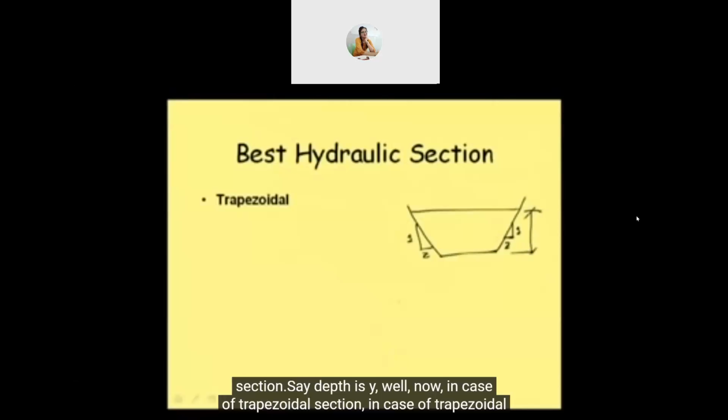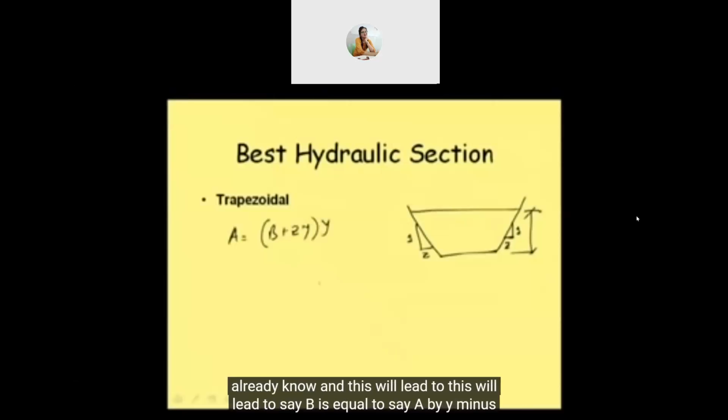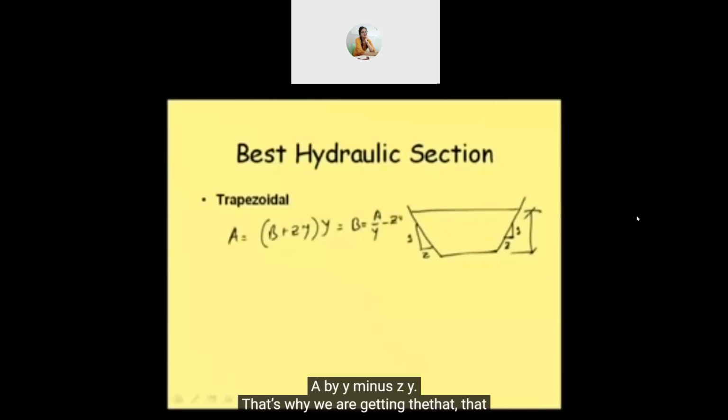Now in the case of a trapezoidal section, we can write that area is equal to B plus ZY into Y. That expression we already know, and this leads to B equal to A by Y minus ZY.